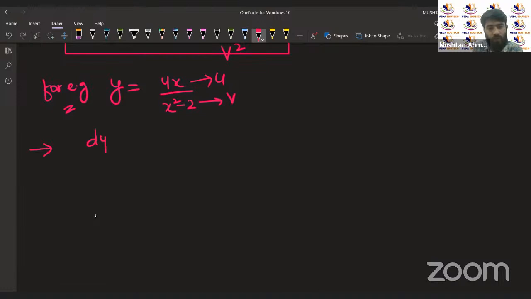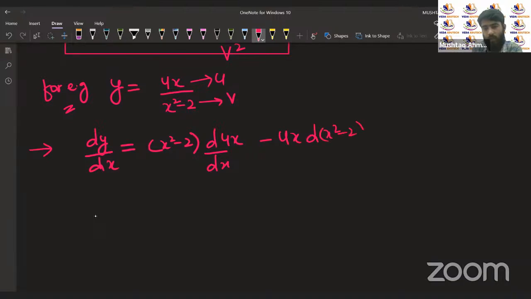What we'll do is that we'll use the quotient rule. We'll take this v outside, that's x square minus 2, and then take the derivative of this 4x with respect to x. Then we'll take this 4x outside and take the derivative of x square minus 2 with respect to x, and the square of this x square minus 2.